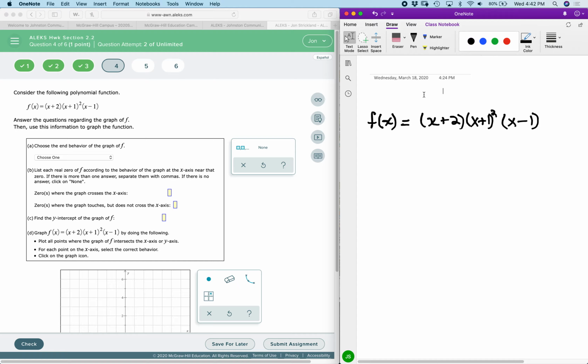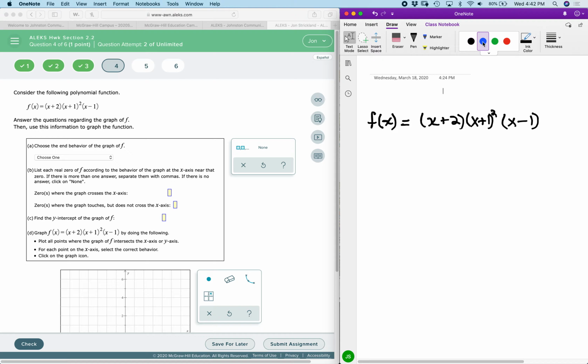Okay, with this item, I have a function f of x is equal to the quantity x plus 2 times the quantity of x plus 1 raised to the second, times the quantity of x minus 1. And we're looking at the end behavior.